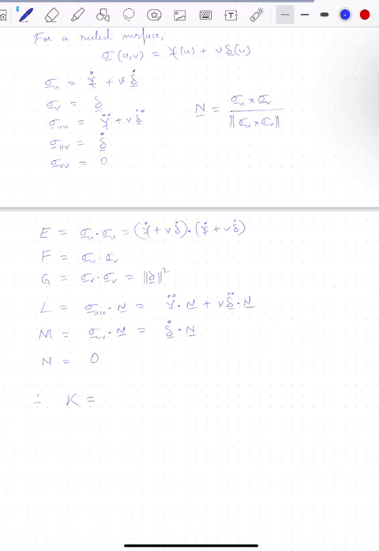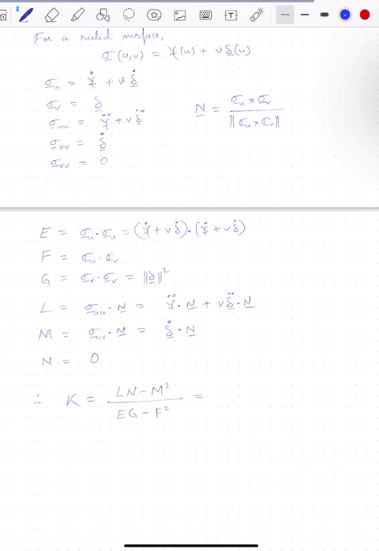Therefore the Gaussian curvature is LN minus M squared divided by EG minus F squared, right?